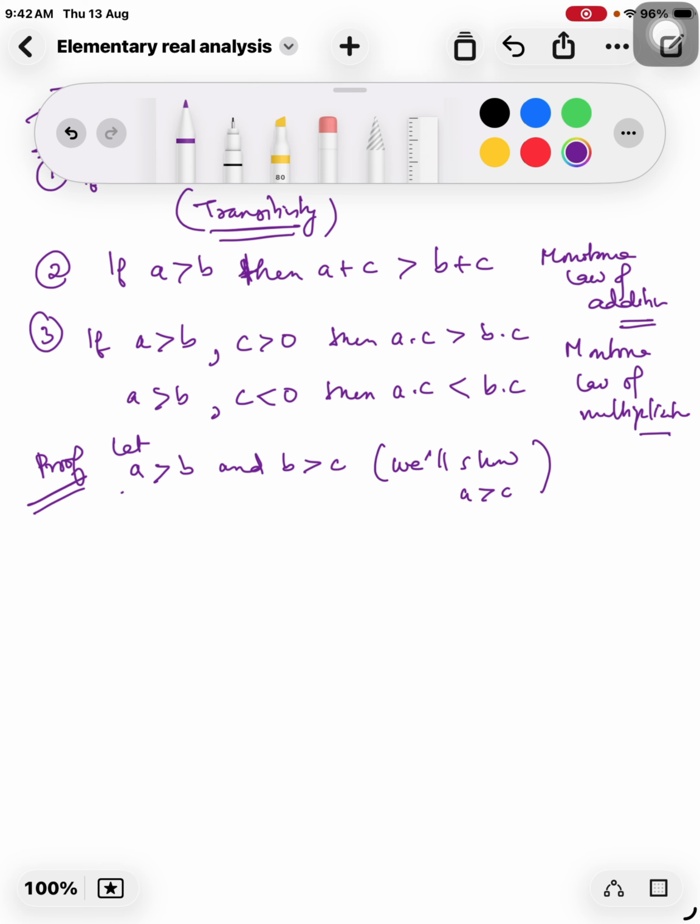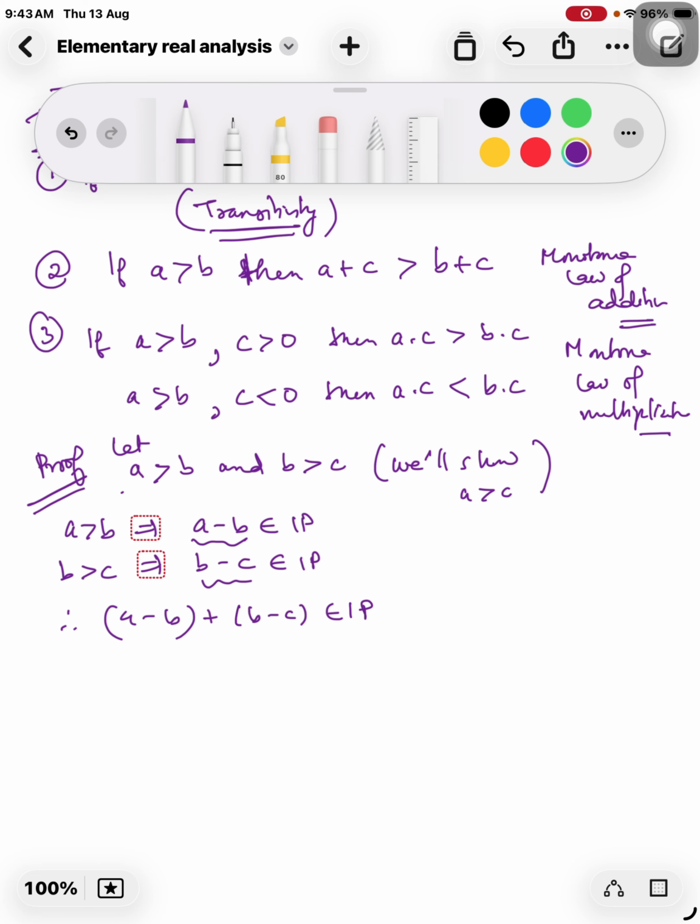We have defined already that A greater than B means A minus B belongs to P. B greater than C means B minus C belongs to P. And when we define the order properties of the set P, we said if two numbers are in P, so this number and this number both are in P, then their sum is also in P. That means A minus B plus B minus C will also be in P, which means A plus minus B plus B, so this is associativity, plus minus C belongs to P. So we have changed the brackets using associative law.